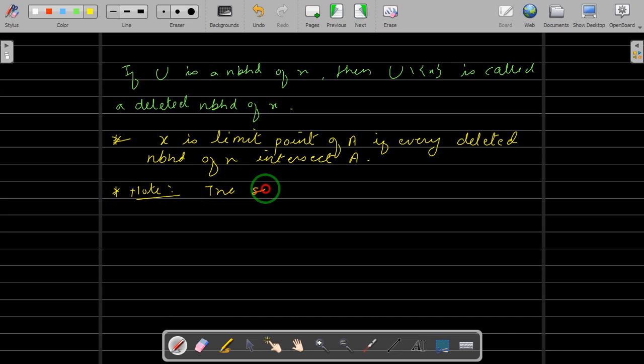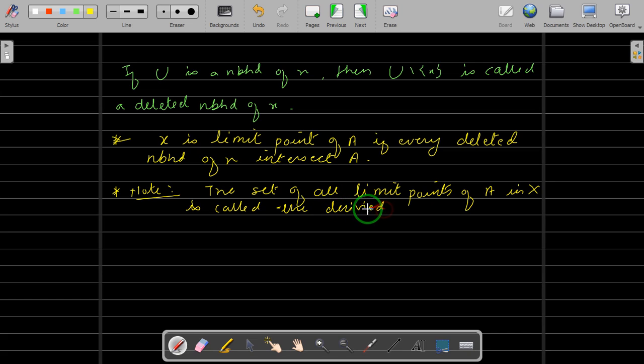The set of all limit points of A in X is called the derived set and is denoted by the derived set of A, and then you write where you are finding the limit points, which is in X, so derived set of A in X.